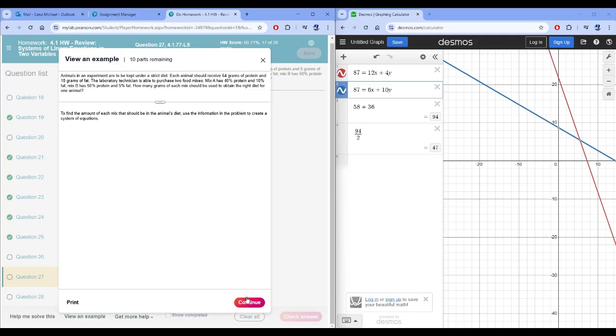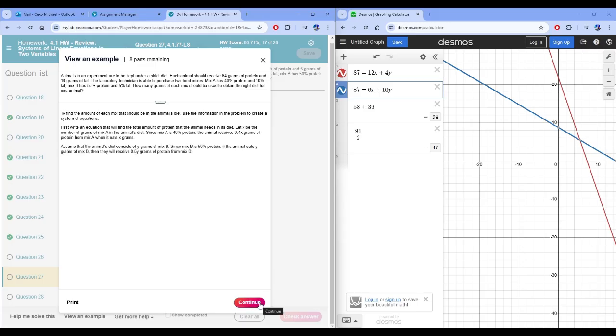All right, so we've got to figure out how much of each. Here it's 64 grams of protein, 10 grams of fat is what they need. Since mix A is 40% protein, the animal receives 0.4 grams of protein from that as it eats 70 grams. And then the other one is going to be 0.5, so that means 0.4 plus 0.5 would have to be equal to 64.